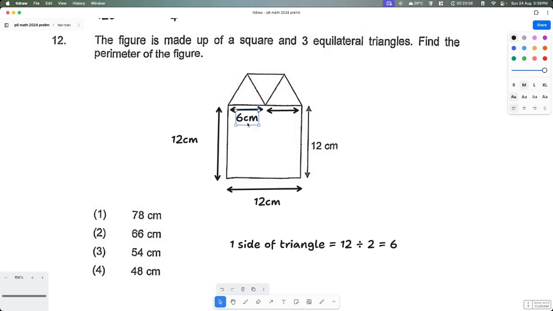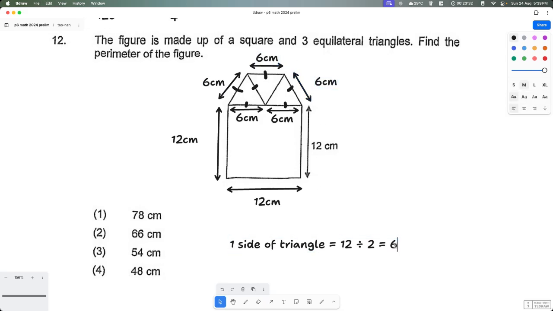Okay, that means this is 6 centimeters, and we know all of them are equal sides. That's what I see over here, right? So that means that this one over here is also 6 centimeters. This is also 6 centimeters, and this is also 6 centimeters, right?